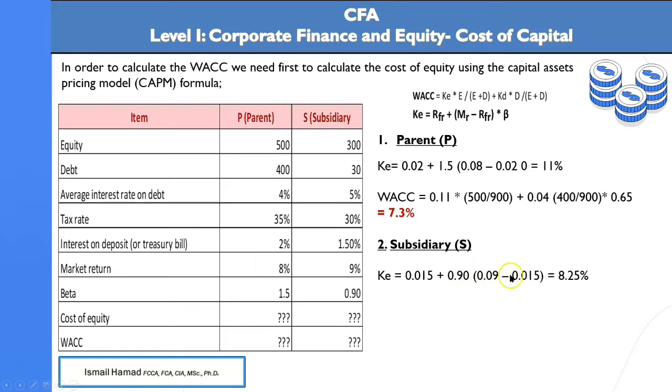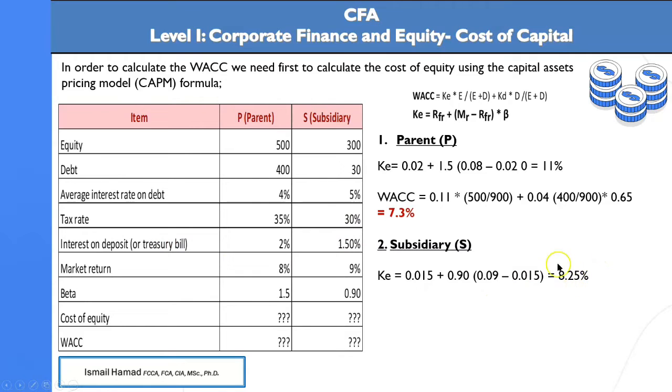Market return minus risk-free rate of return, together we call it the market risk premium, over and above the risk-free rate of return. Here we have the market return of the subsidiary, 9%, minus the risk-free rate of return, 1.5%, as we have just seen for the subsidiary treasury bill. We get this cost of equity.